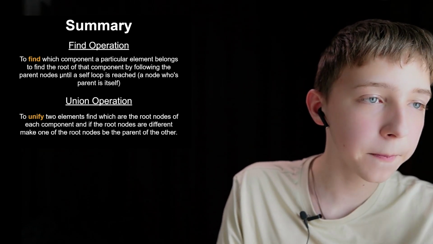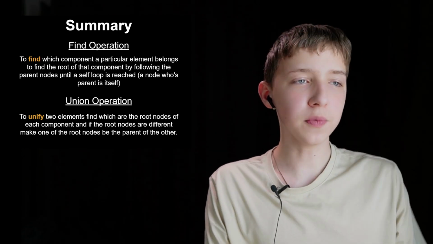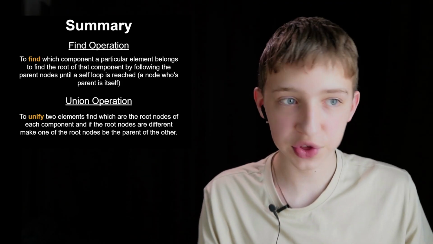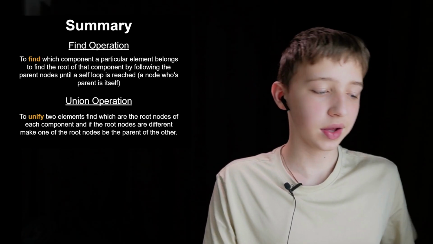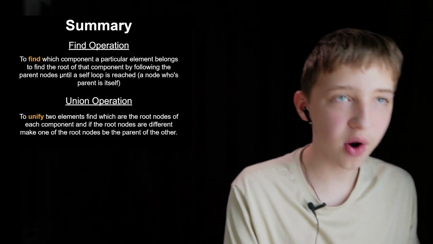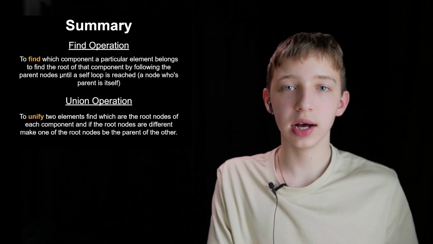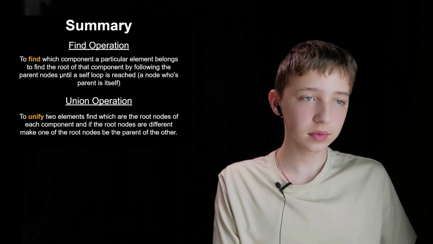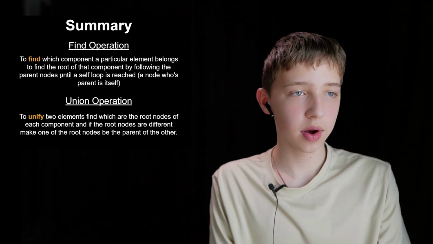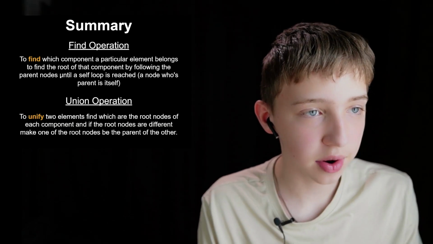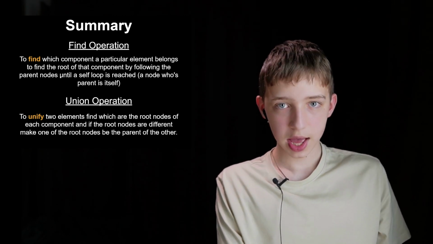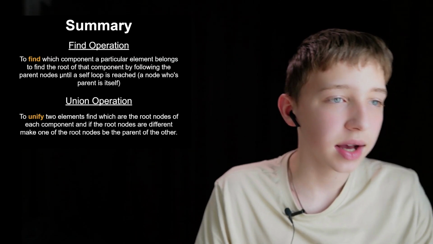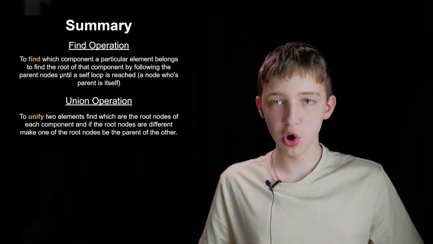To find which component a particular element belongs to, we need to find the root node of this component. To determine to which group a particular element belongs, we can follow its parent node, and the parent node of the parent node, etc., until a self loop is reached.